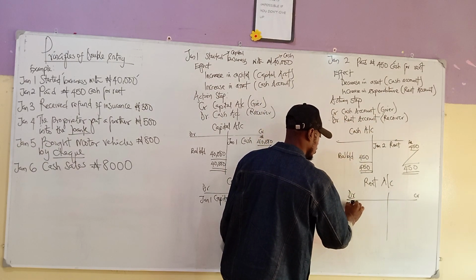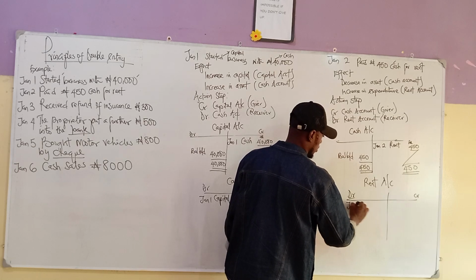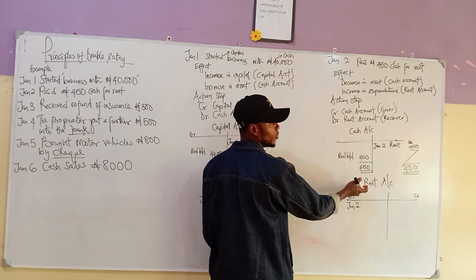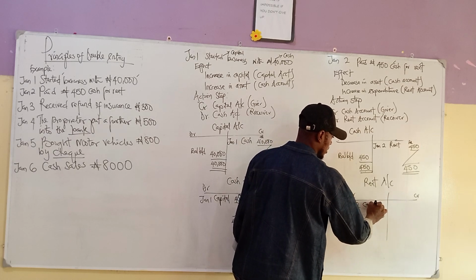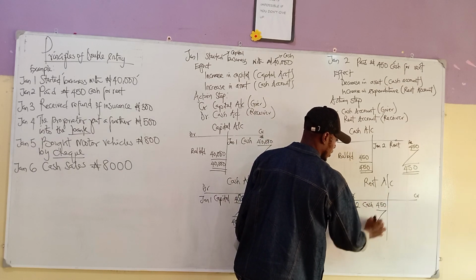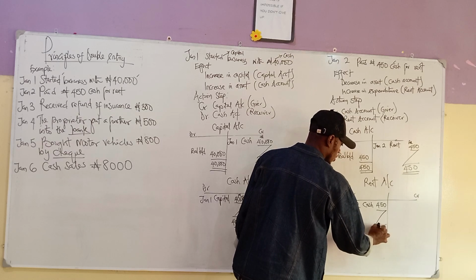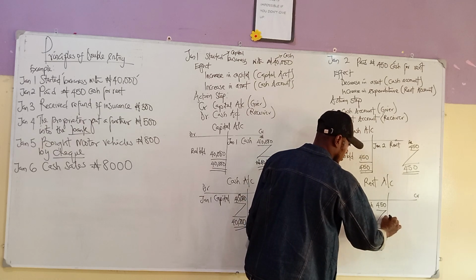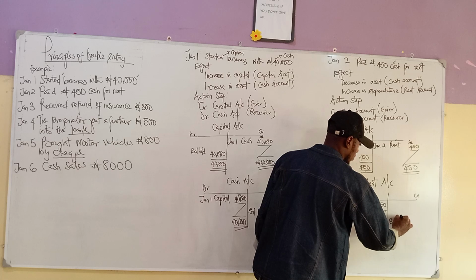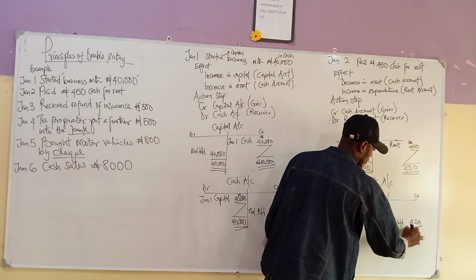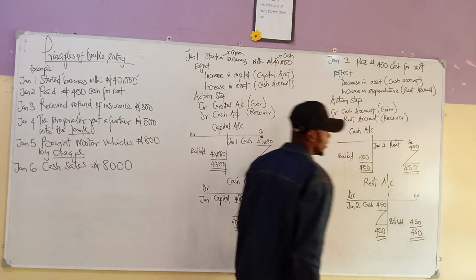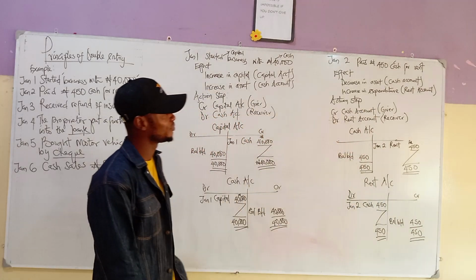So I have January 2nd. And in what form did we pay? Is it check or cash? Cash. So I have cash, and this is 450. Then we close 450. Then my balance brought down is 450.